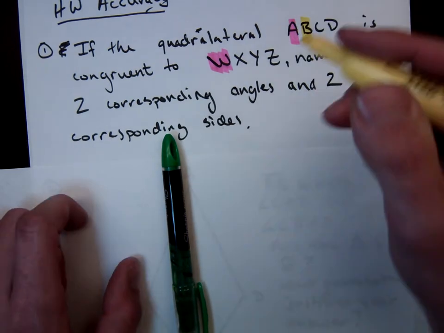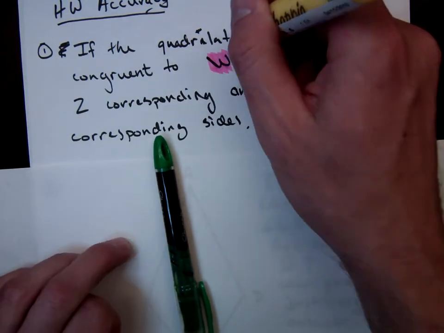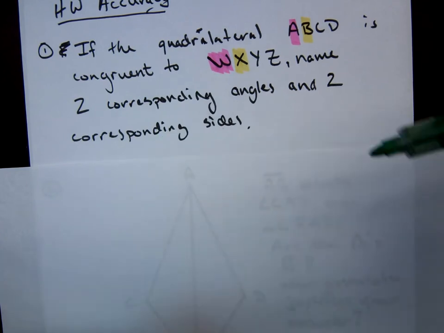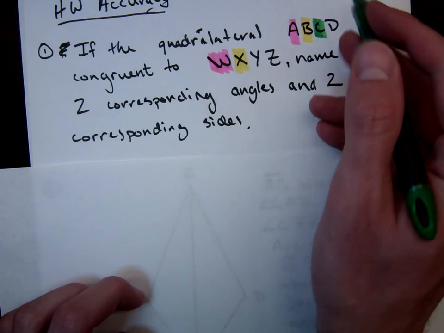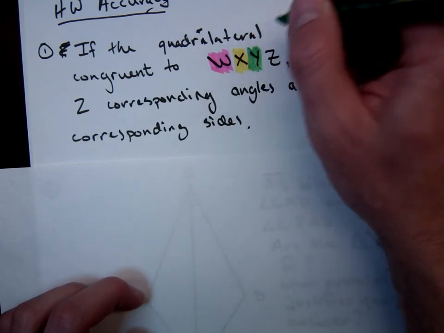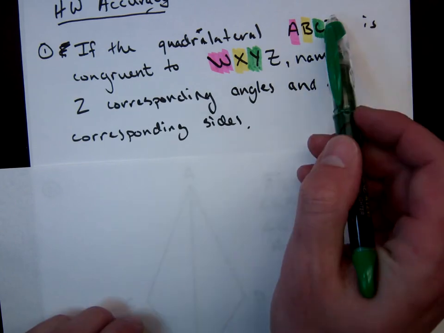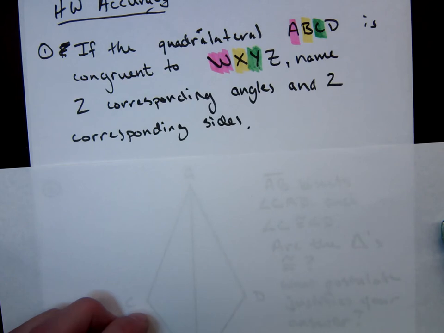B is the second vertex in this one, so X will be the second vertex in this one. And I'm using a different color for each one of these. C is the third vertex, so it needs to correspond with the third vertex of the second one. And I'm going to leave the last one not highlighted, and the last two are corresponding as well.